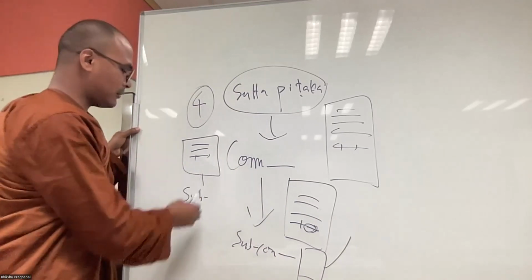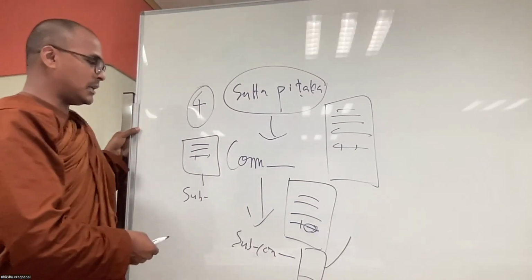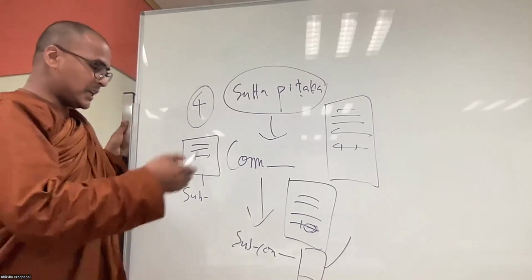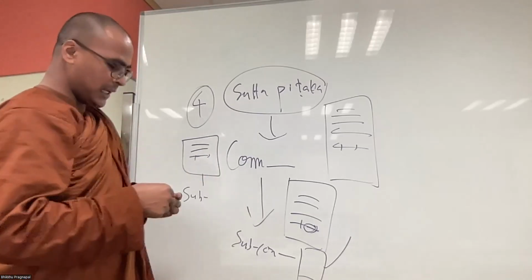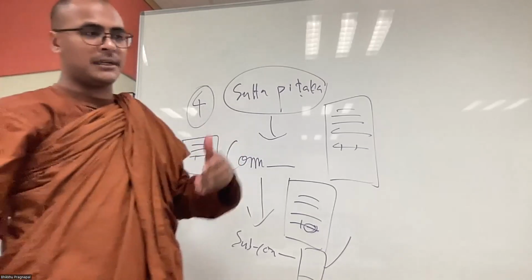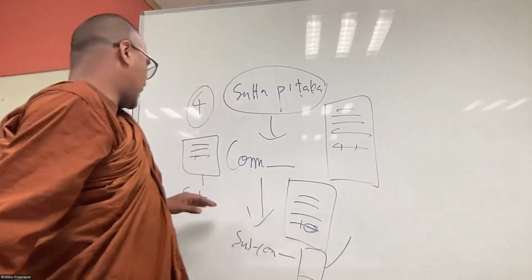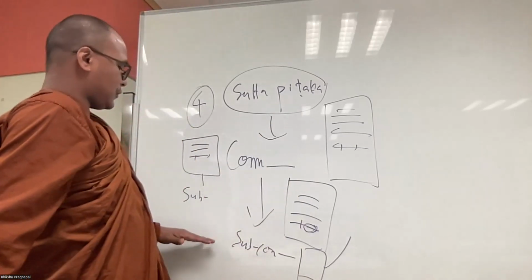And if you still need more explanation, you can go to the Tippani. And after that, if you still need more, you can go to modern people's understanding of it. Okay, but of course, if you go through the sub-commentary, it's okay.